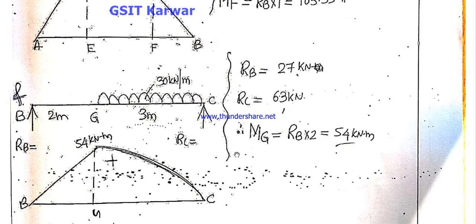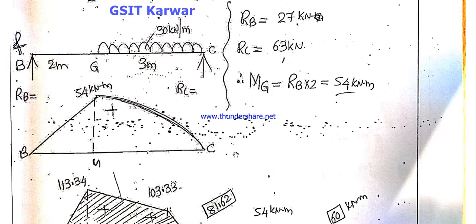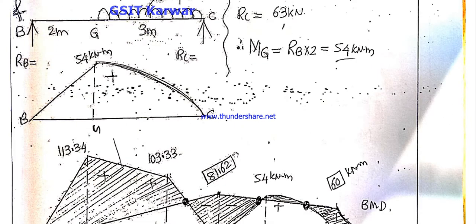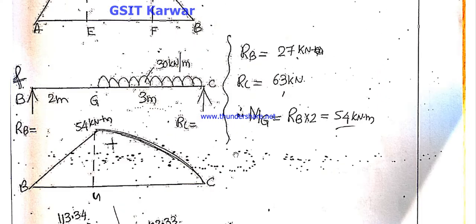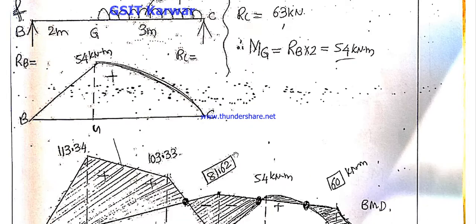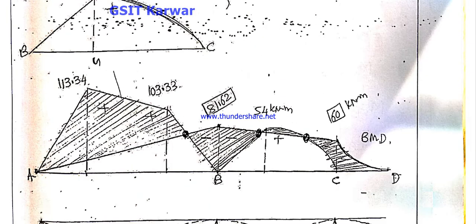After that, the values we calculated by using the slope deflection method, you can use those values and join the points. Okay, like this. And the pattern you can observe in the type of overhanging we are using, like this parabolic shape.